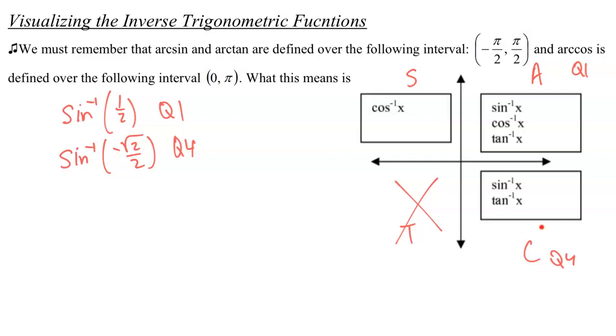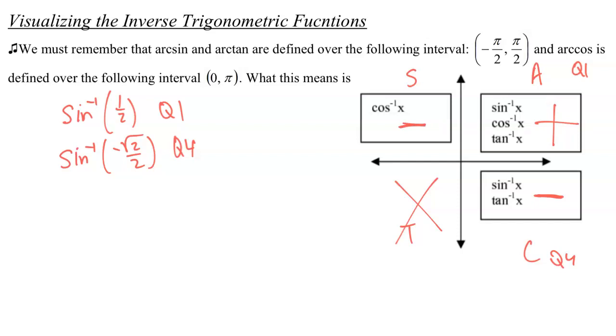So it's in quadrant 4, sine is negative. And so what I'm going to see here is that here in quadrant 1, that's where all of our positive values are going to be, and then our negative values are going to be either in quadrant 4 for sine inverse and tangent inverse, or in quadrant 2 for cosine inverse.